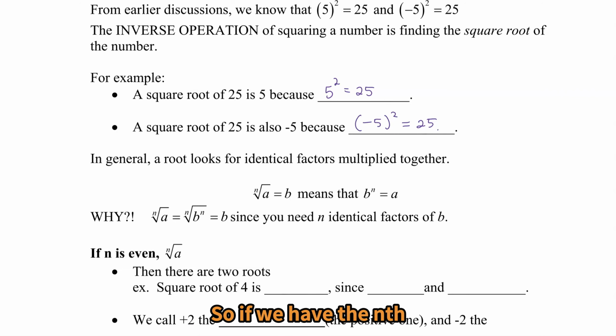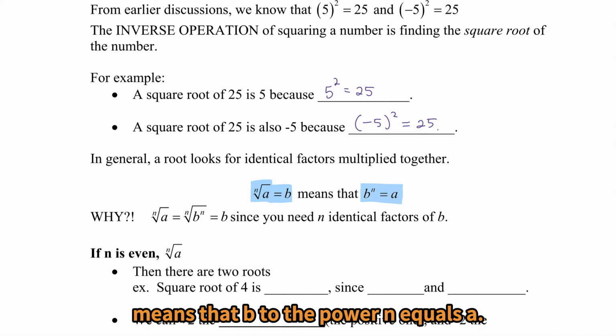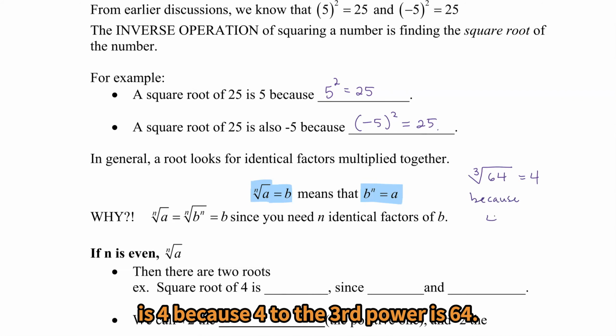So if we have the nth root of a, the nth root of a equals b, means that b to the power n equals a. An example, the cube root of 64 is 4 because 4 to the third power is 64.